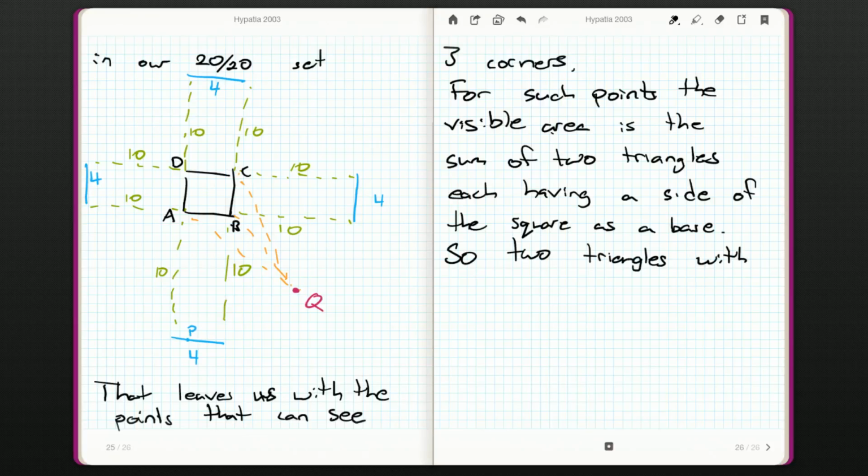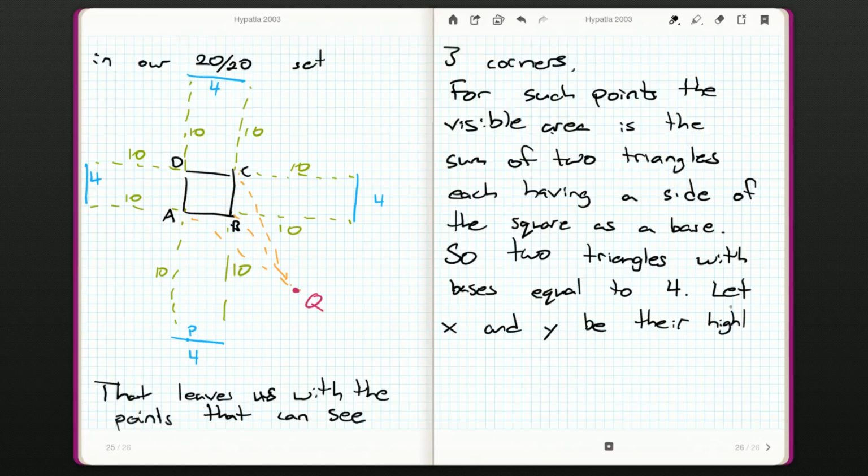So these are 2 triangles with bases equal to 4. So let's just put in dummy variables.